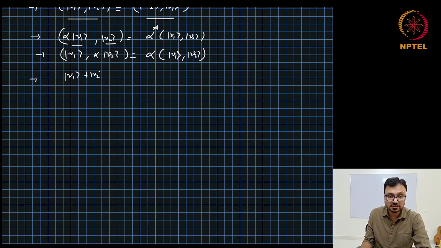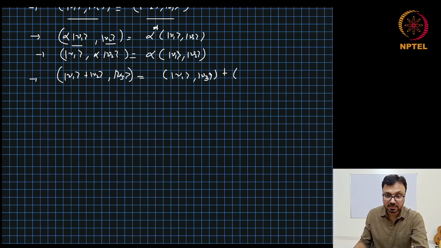Then there are some simple relations. With three vectors V1, V2, V3, taking the inner product of V3 with the sum of V1 and V2, it can be decomposed as the inner product of V1 with V3 plus the inner product of V2 with V3.